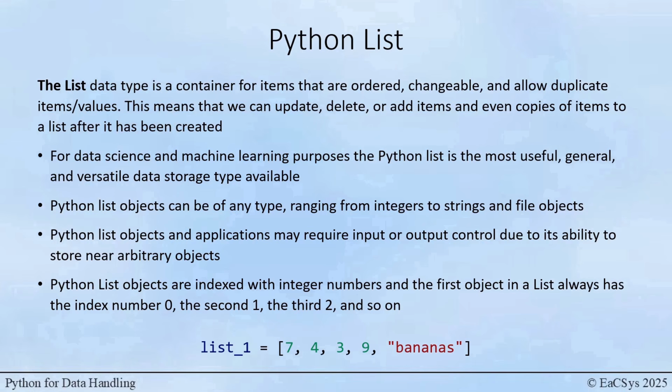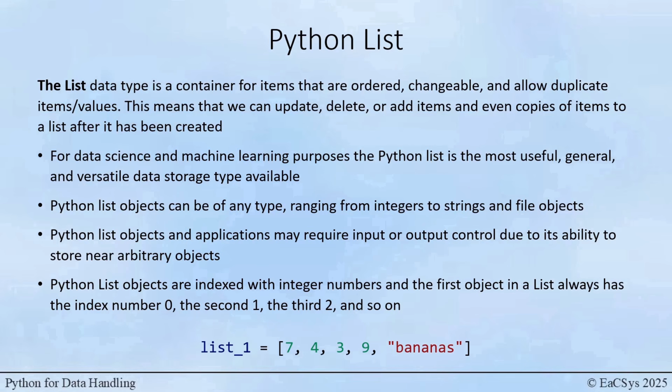So the technical properties of the list are that list items are indexed with integer numbers, and that the first item in a list always has the index number 0, the second 1, the third 2, and so on. Lists have the advantage that we can address a position in the list by referring to an integer number. And Python creates lists through items separated by commas within brackets.